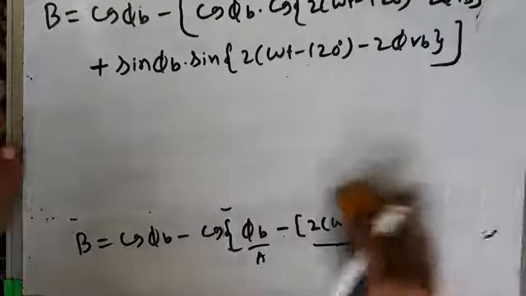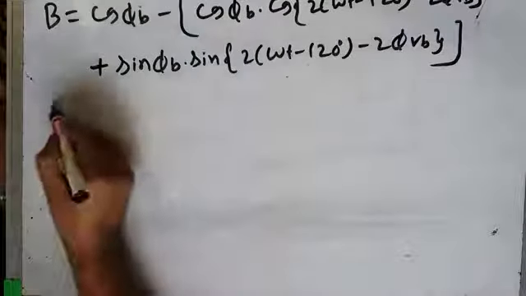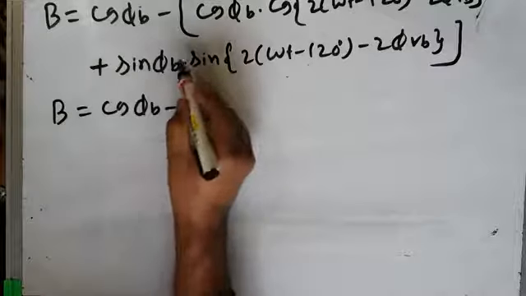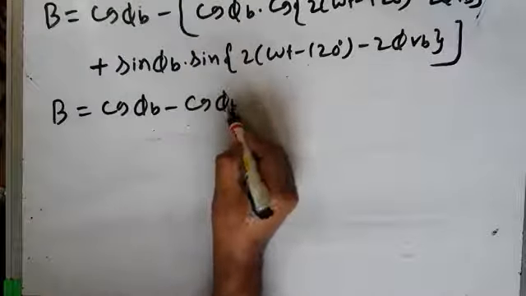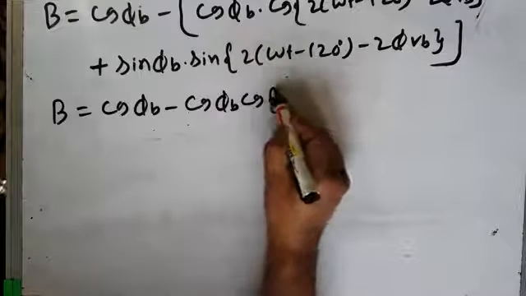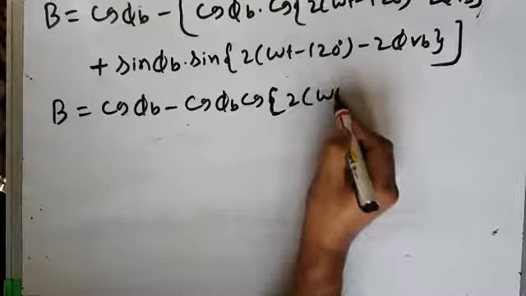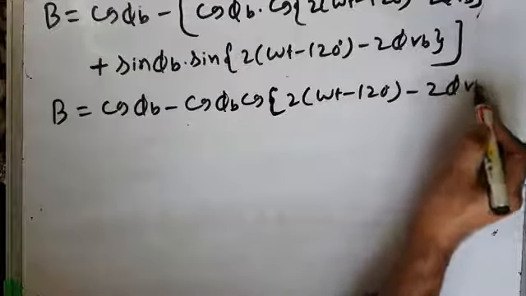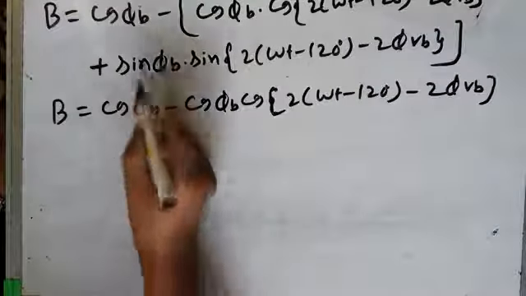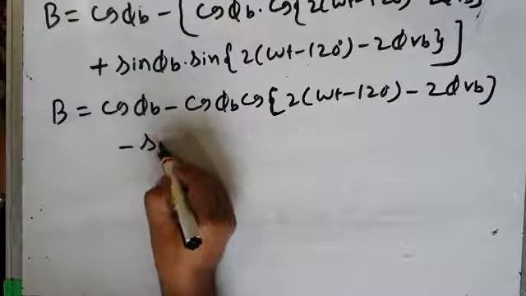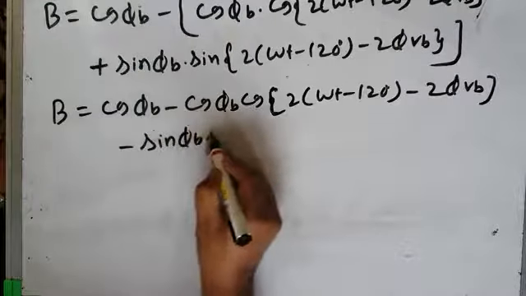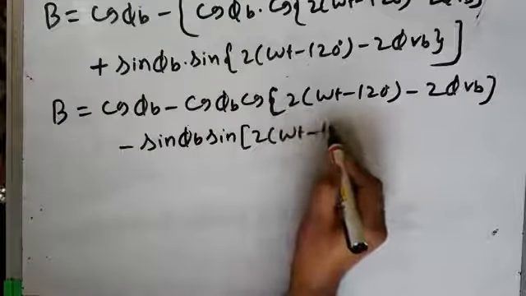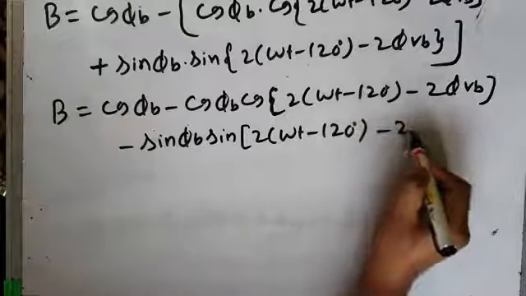Okay, now further simplification will give b equal to cos phi b minus cos phi b into cos of 2 times omega t minus 120 degrees minus 2 phi vb, minus plus is minus sin phi b into sin of 2 times omega t minus 120 degrees minus 2 phi vb.